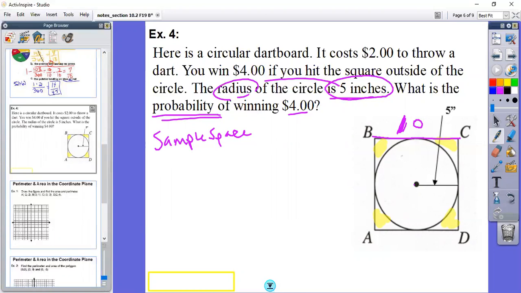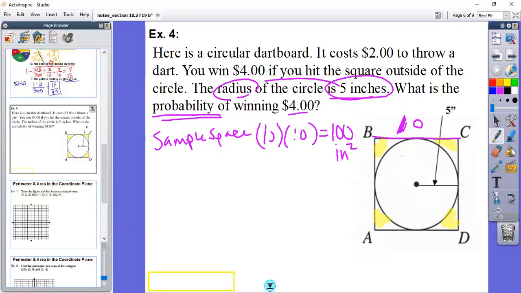So our square is going to be 10 by 10. So that means it's 100 inches squared. And then I want to think about the area of the circle, and I'm going to subtract it from the total area, because if I subtract out that circle, that will give me those yellow places where I just highlighted.